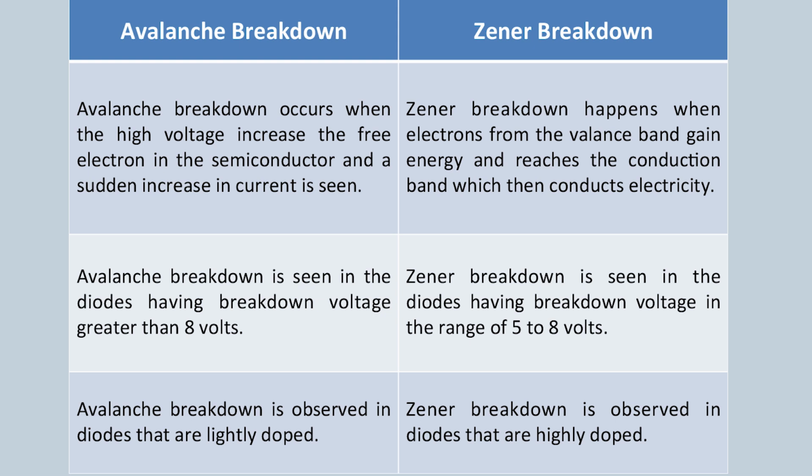Avalanche breakdown is observed in the diodes that are lightly doped. In contrast, Zener breakdown happens in heavily doped diodes.